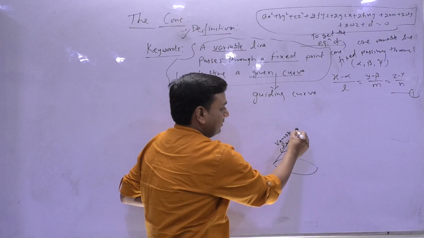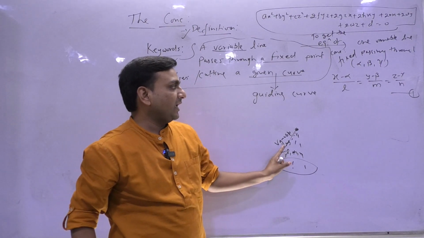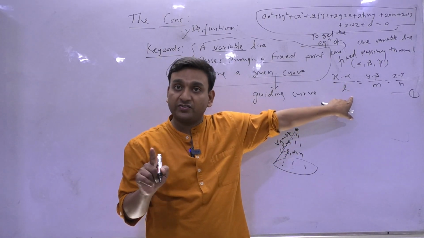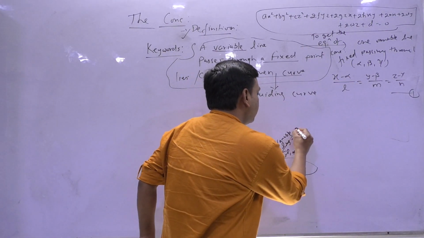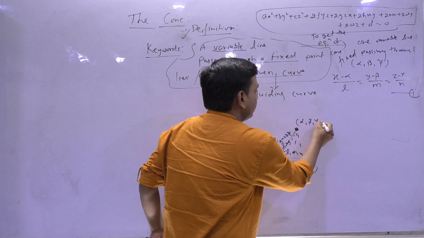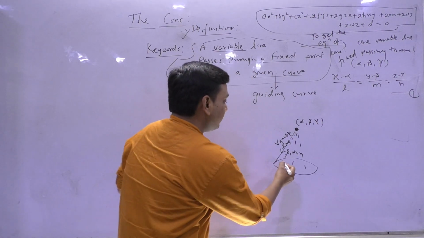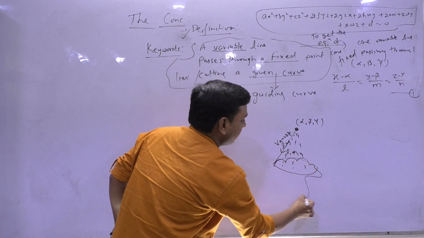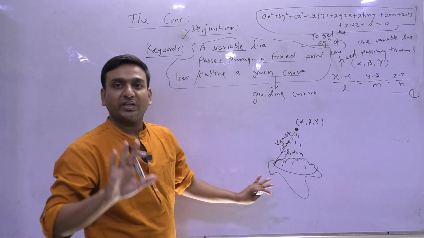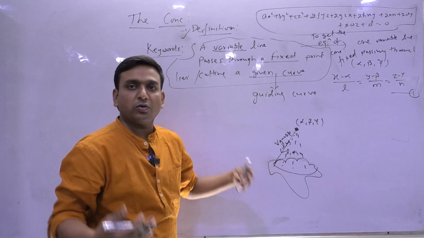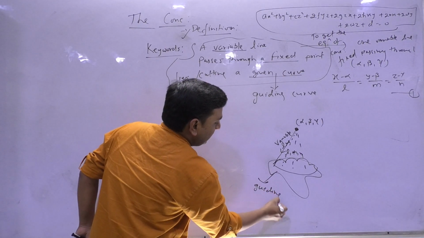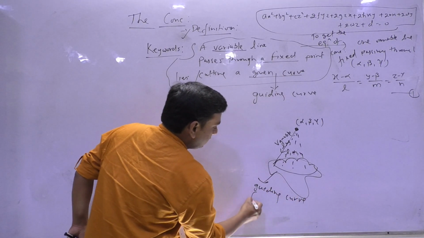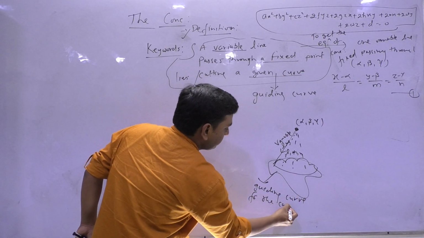You getting or not? So L, M, N are not fixed here. First thing, alpha, beta, gamma is a point which is fixed. Clear? This guiding curve need not be a circle, it can be anything: a circle, ellipse or whatever. So this will be called the guiding curve for the cone.